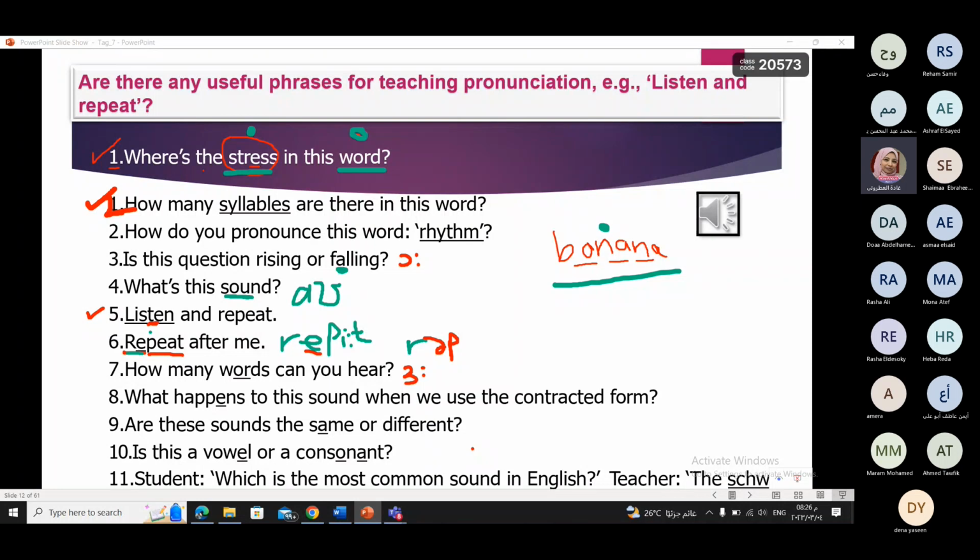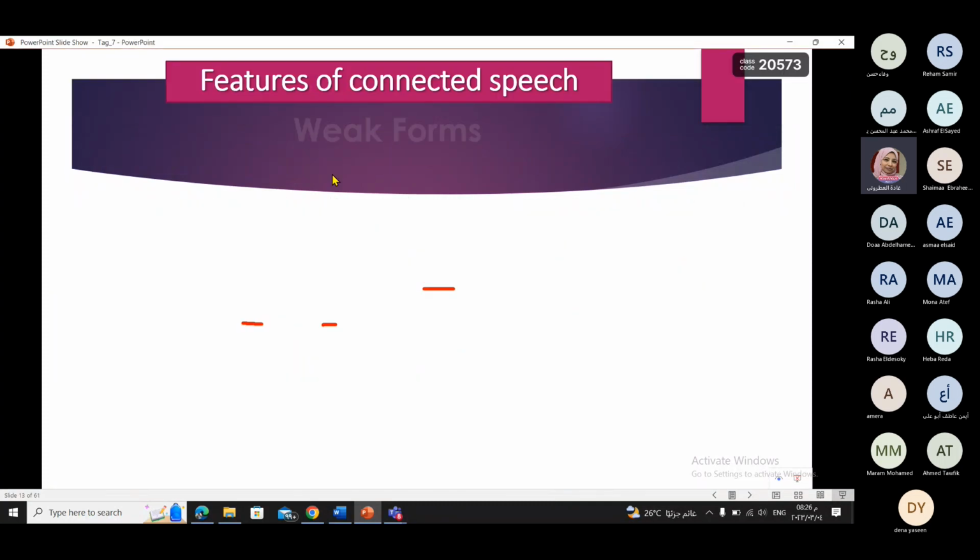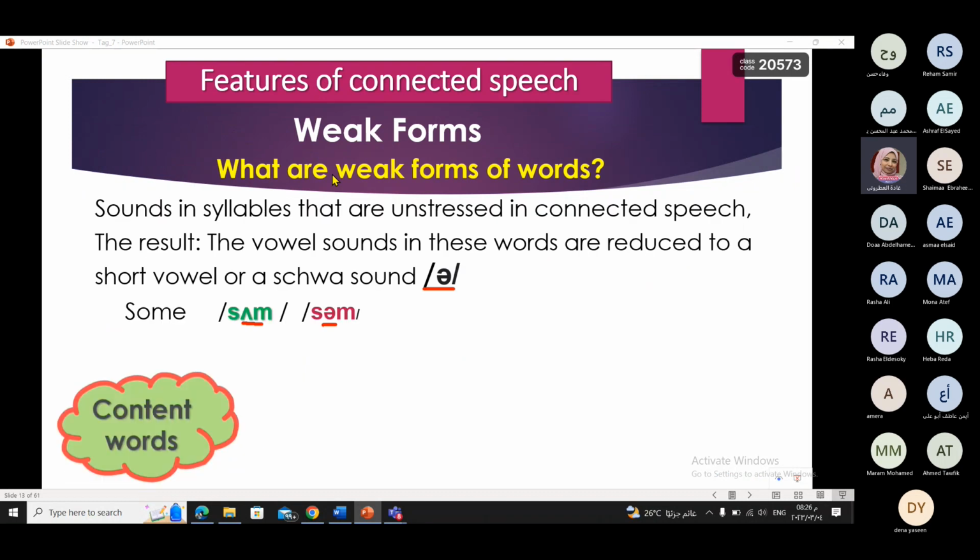So these two words are stressed, but the other words are pronounced in the weak form. Okay, let's go back once again.